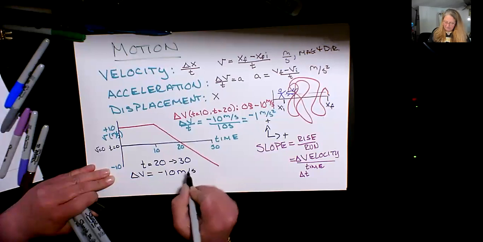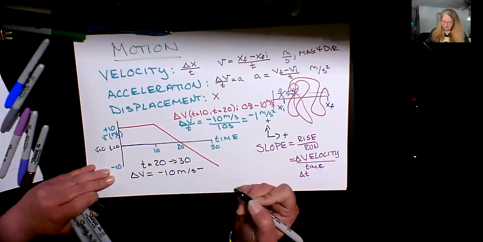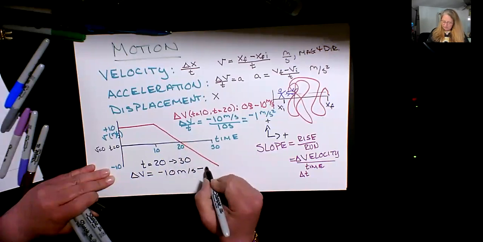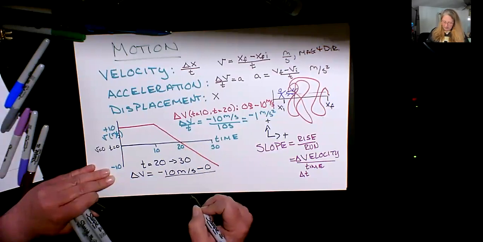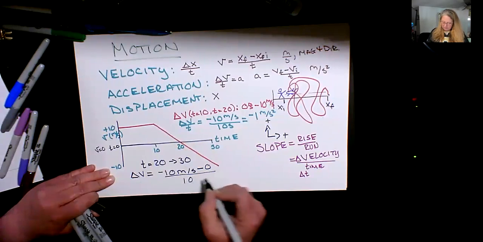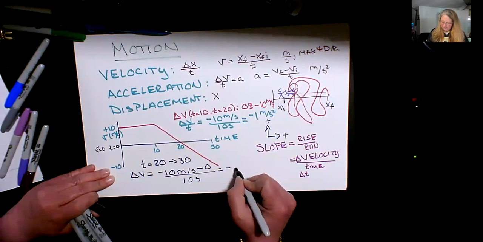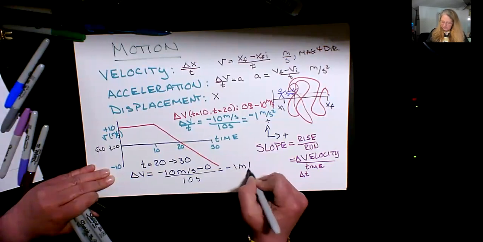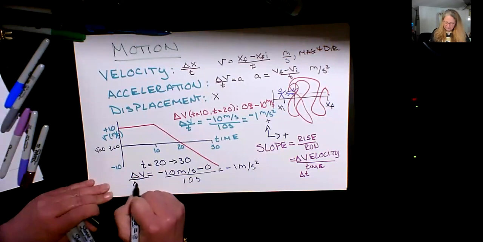So my final velocity is negative 10 minus my initial velocity, which was 0. That's that. And then I can go here, how much time did that take? That's 10. Oh, so that shouldn't be much of a surprise. So again, I'm getting negative 1 meter per second squared. Like a dv dt.